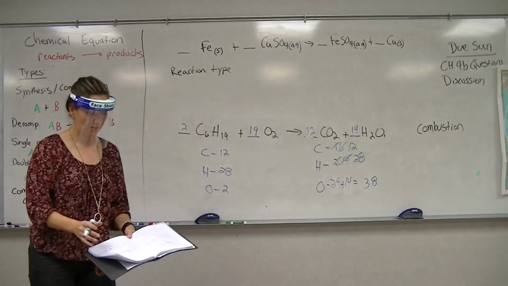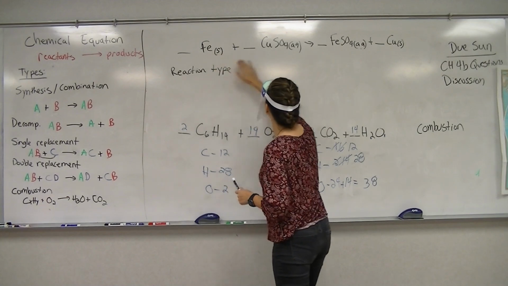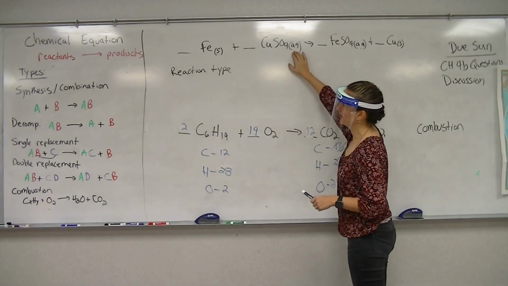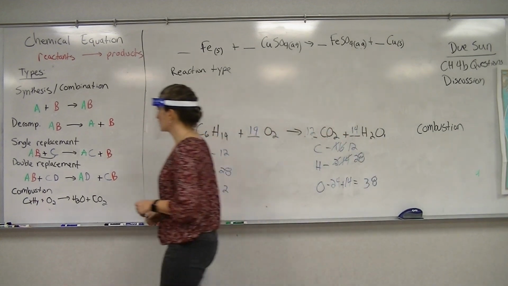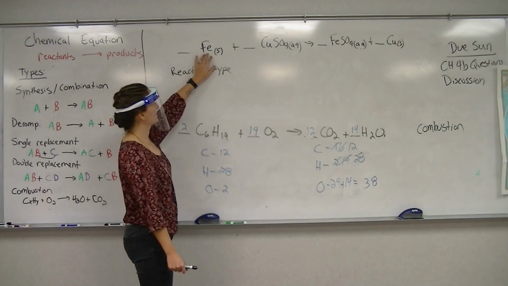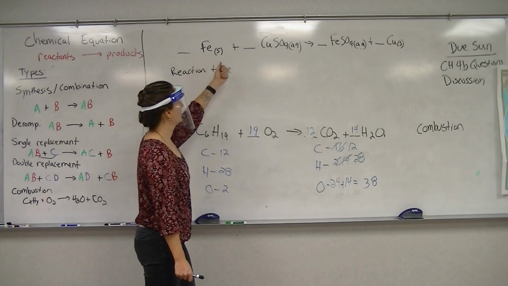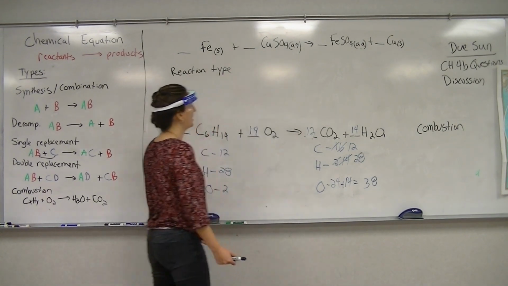Remember, these little letters after are representing the states. S for solid, AQ for aqueous, meaning it's a solution, it's dissolved. So we would use these types of reactions and try to place it with one of these patterns. Notice we have iron, an element by itself, reacting with copper 2 sulfate, a compound.